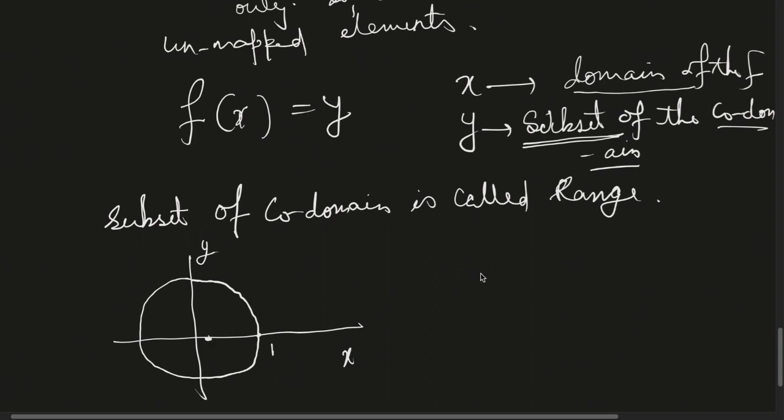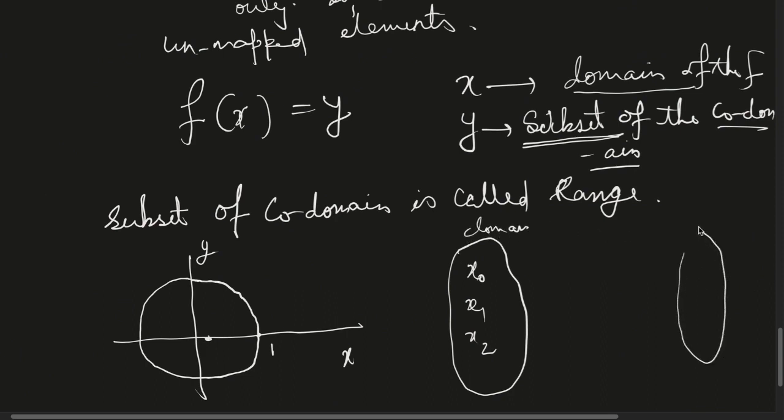So like we can say that there are x0, x1, x2. These are the domain elements here, and there are a lot of codomain elements, and these y0, y1, y2 are 3 elements inside this codomain. There can be many other elements. So this is called a subset of the codomain, that is the range.